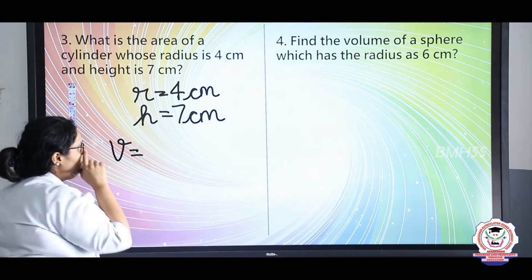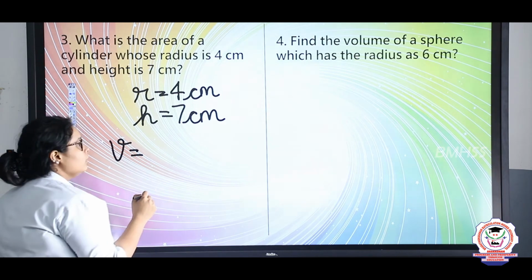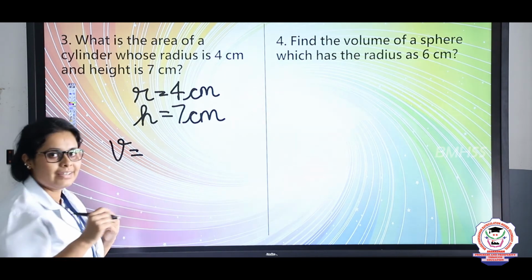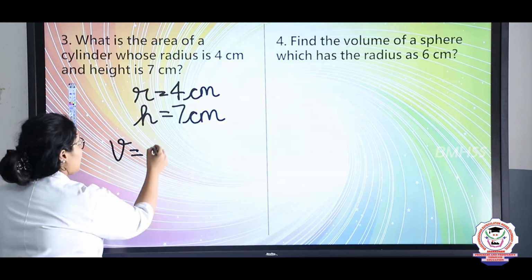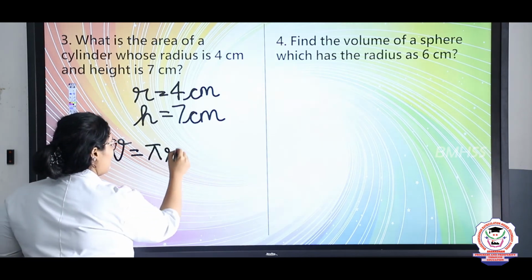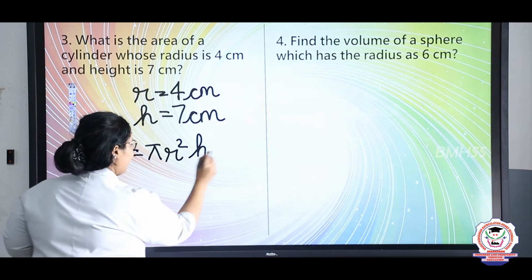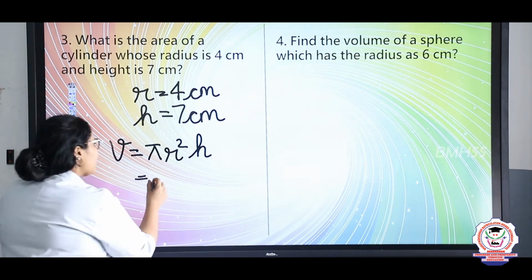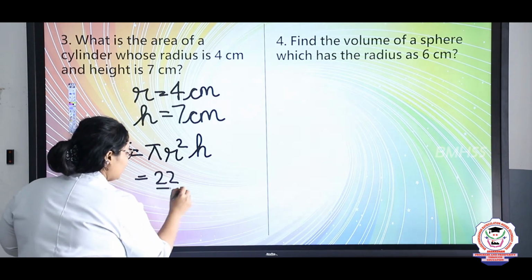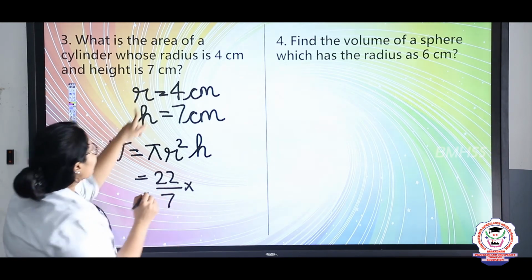Now we need to apply the formula. So what is the formula? Formula is what children? Can you tell me? Yes, the formula which we are going to take here is pi r square h. So here pi value is always fixed, okay children. So what is the pi value? It is 22 by 7 multiplied by r square.